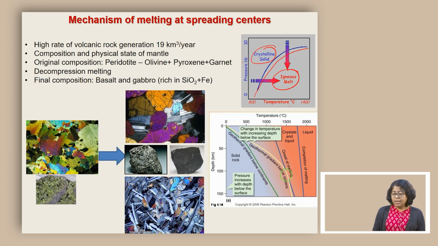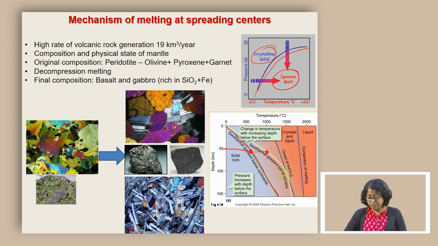And what we see in the areas of geothermal gradient below continents is something like this. That basically means at the same depth, the areas below continents are not so hot, but if you go to the same depth and encounter the oceanic geothermal gradient, it is much hotter.